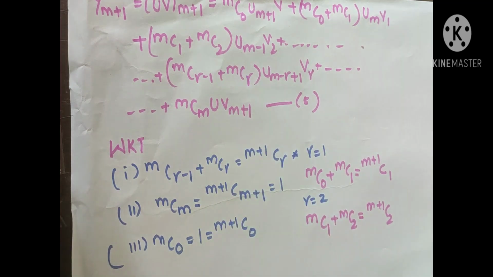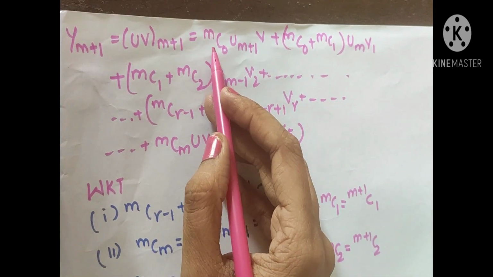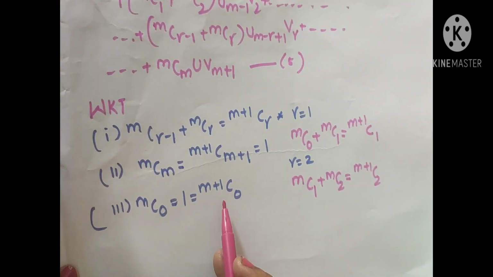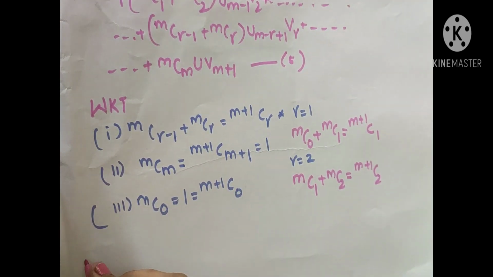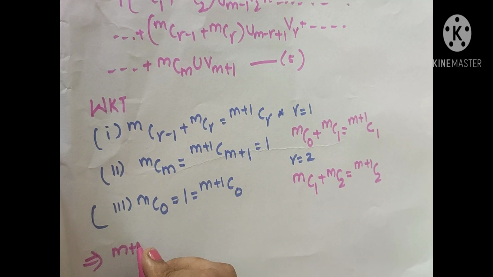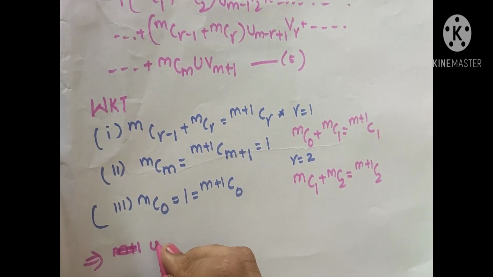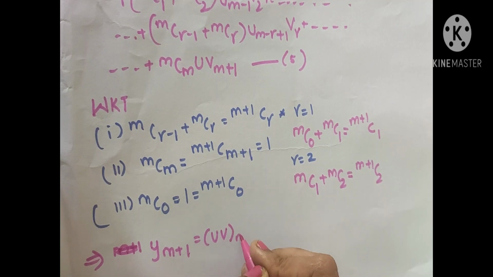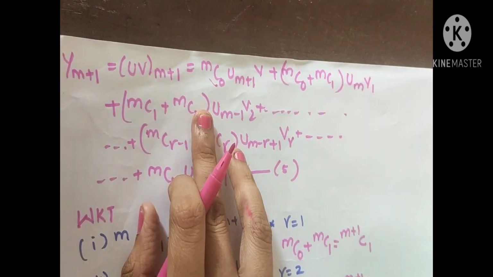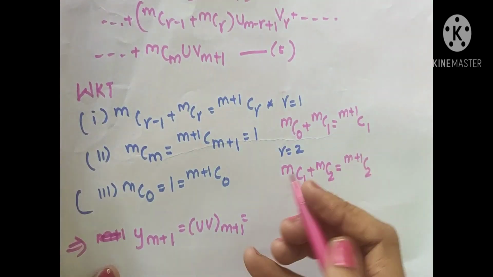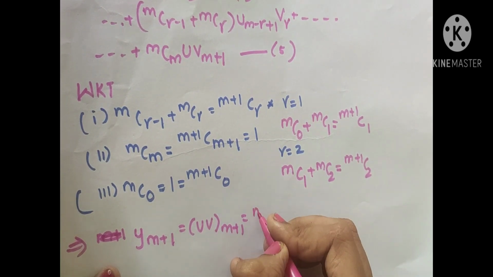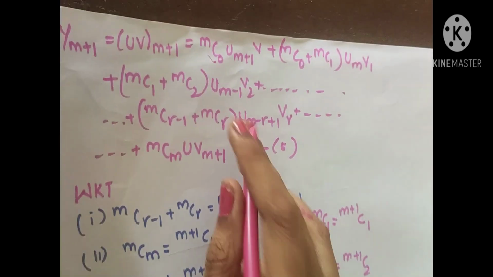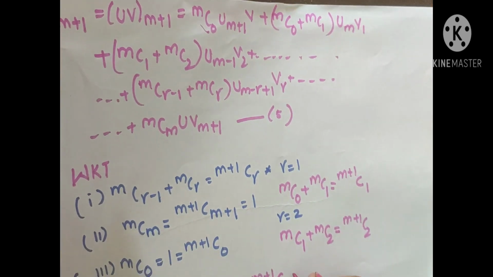So here is mC0. Instead of mC0 I can write (m+1)C0. So first write down y(m+1) equal to u v^(m+1). So mC0 can be written as (m+1)C0, keeping this term u^(m+1) as it is.